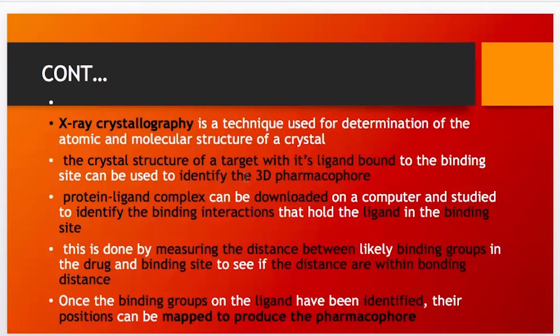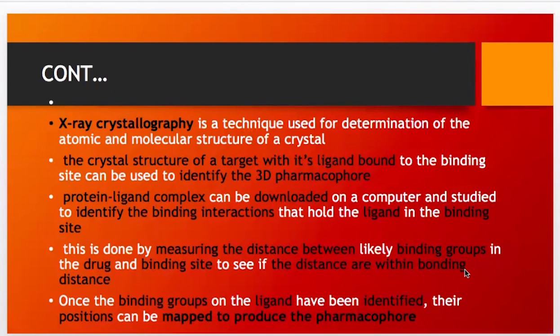You have to identify the distance between the binding groups in your ligand and the atoms found in your binding site. You need also to look at the distance that is there.